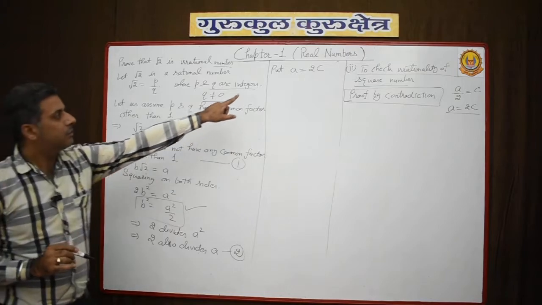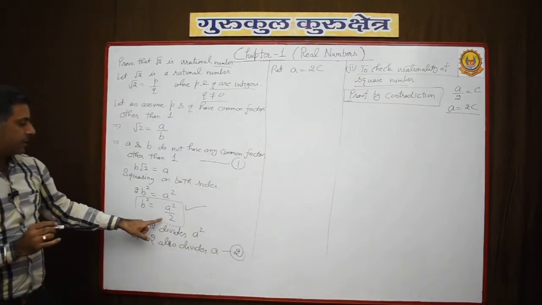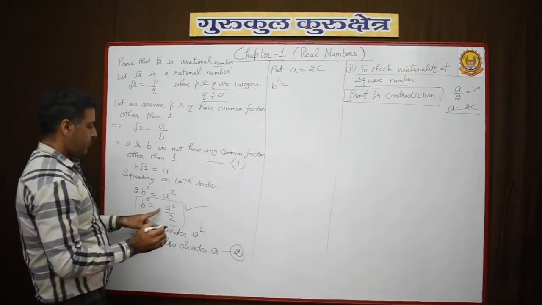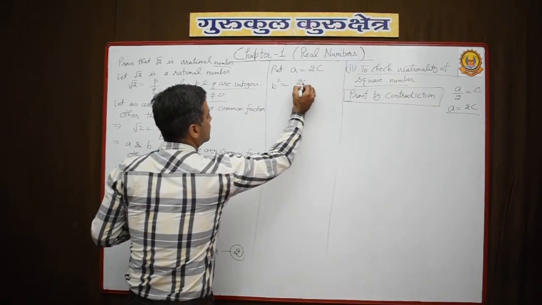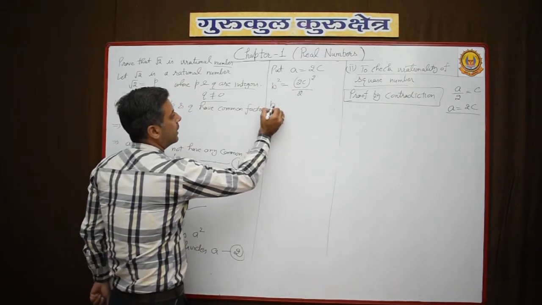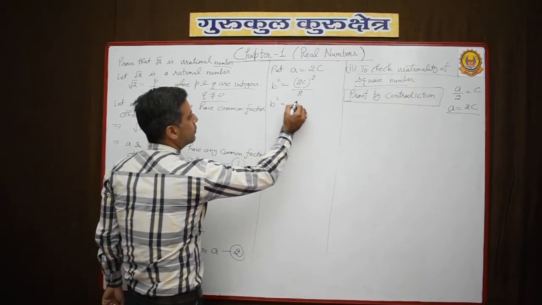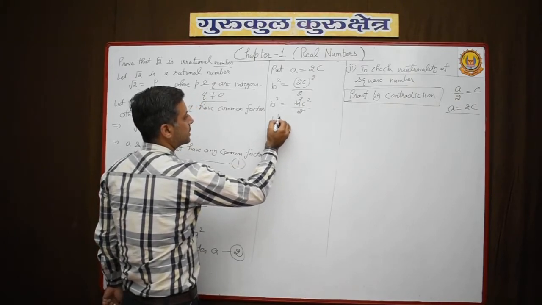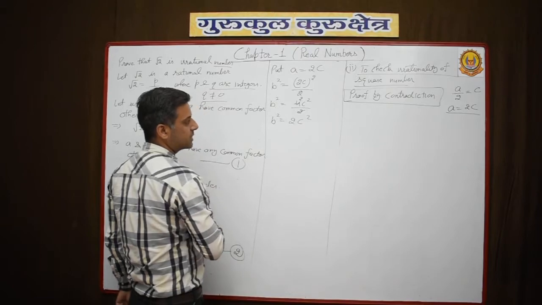So I will get b square is equal to (2c) whole square by 2. So here I am simplifying it. So b square is equal to 4c square by 2. 2 twos are 4... so b square is equal to 2c square.